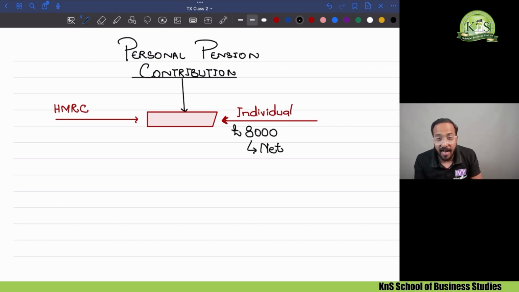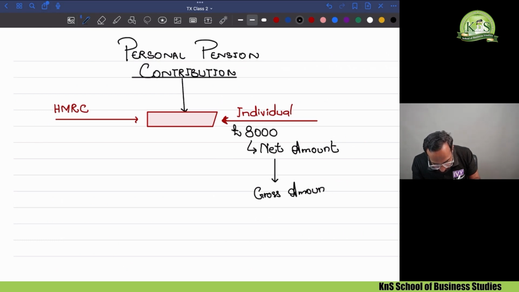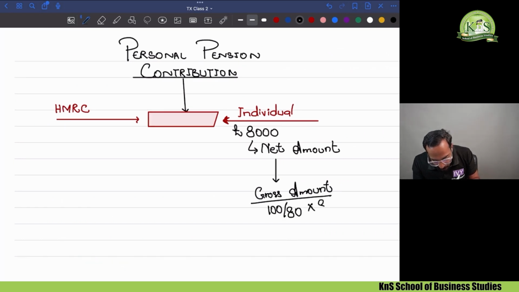It means it is a net amount. You need to convert this net amount into gross amount. How can we convert it into a gross amount? Just simply use a grossing factor, that is 100 over 80, and multiply by the amount you have contributed. That is 10,000. And 10,000 goes in the fund.